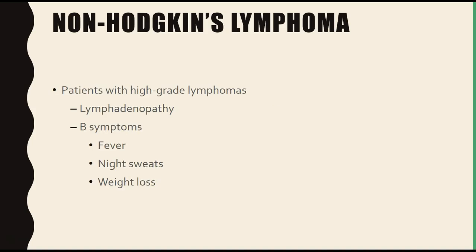So those patients that have a more aggressive, highly aggressive type of lymphoma, they're going to see more of the node enlargements, and they're also going to have the B symptoms again, the fever, the night sweats, and weight loss. So those are kind of expected as part of the highly aggressive type of lymphoma. And remember, those are associated with a poor prognosis for disease treatment.